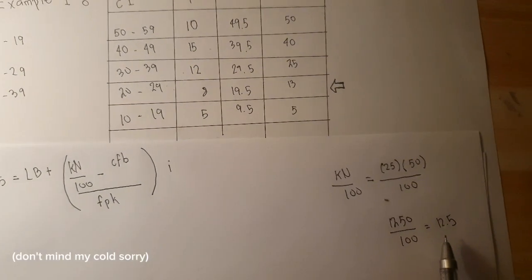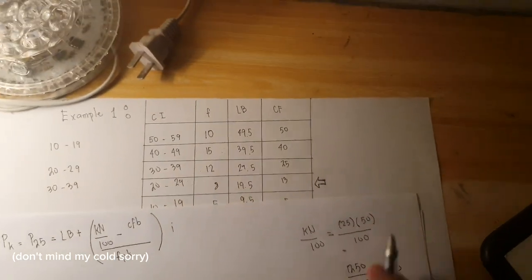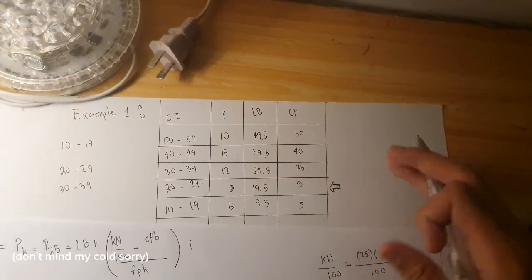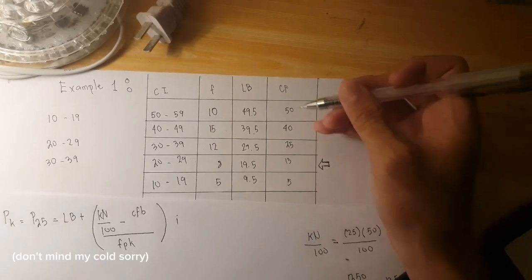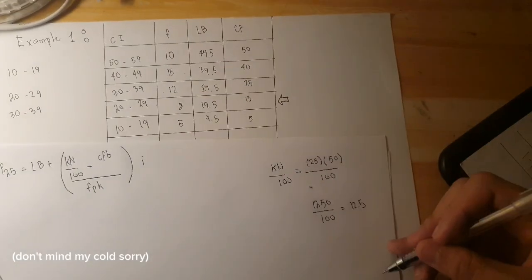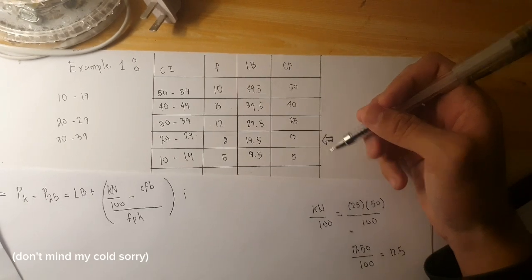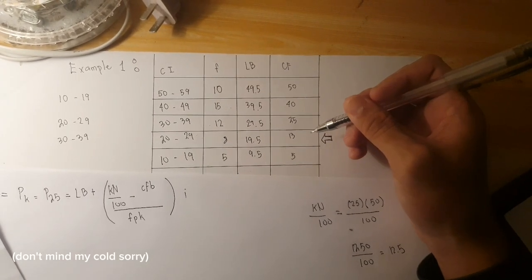Now that we found our Kn, we find where it belongs on the table. We base it on the nearest number in the cumulative frequency, which also needs to be higher than the number itself. Basing from this table, the nearest cumulative frequency to 12.5 is 13.